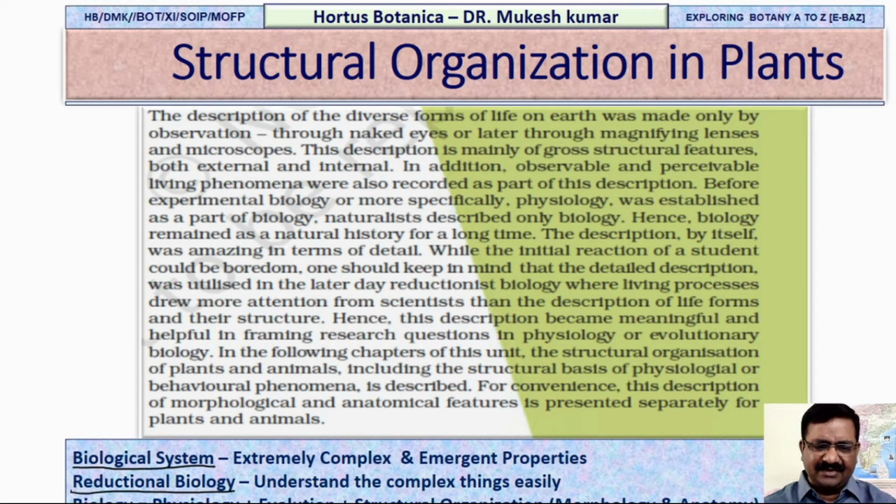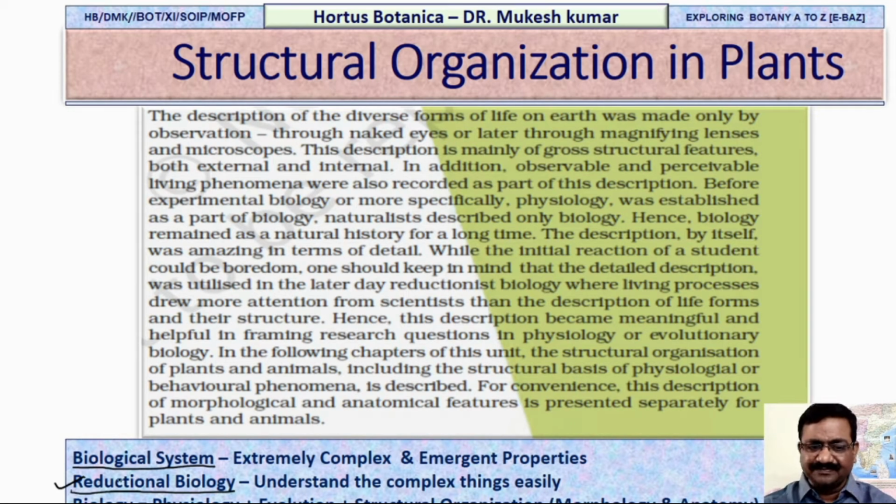So what happened? Earlier we had to use physiology, evolution and structural organization, including morphology as well as anatomy together, right? So what happened? This reductional biology emphasizes understanding all these complex things very easily and separately.